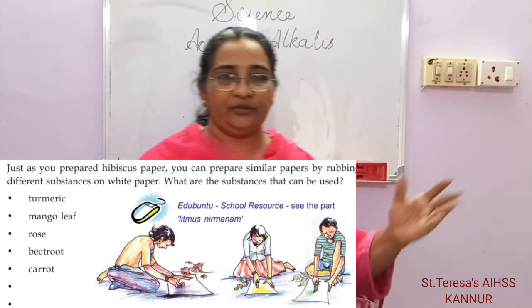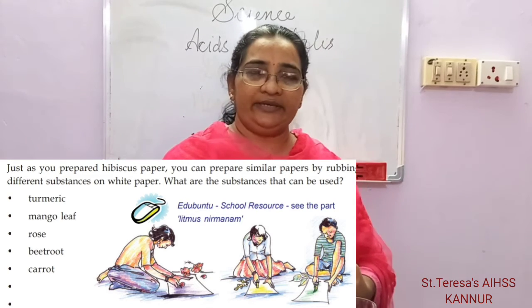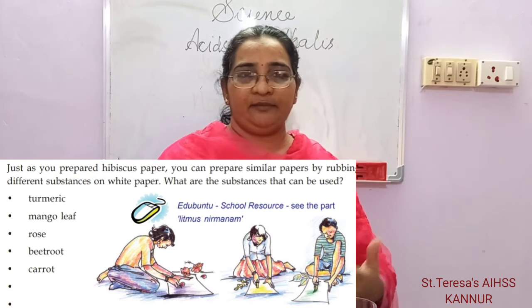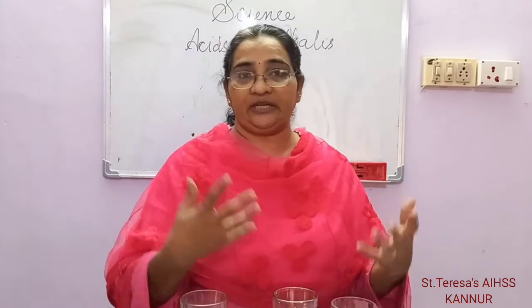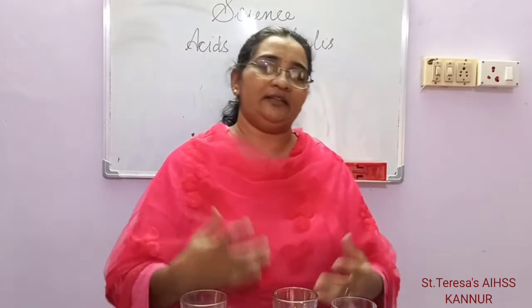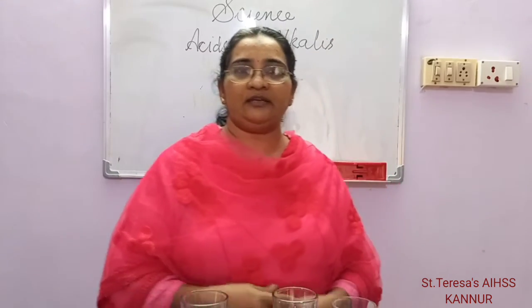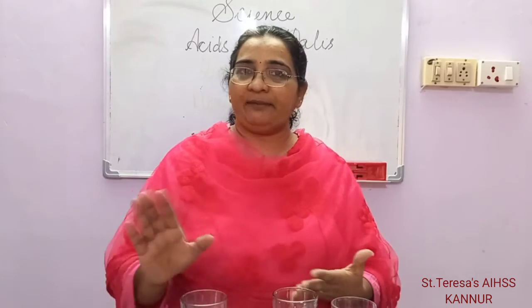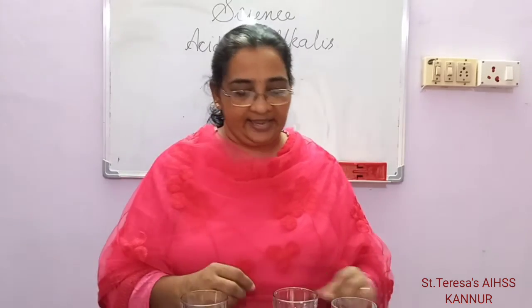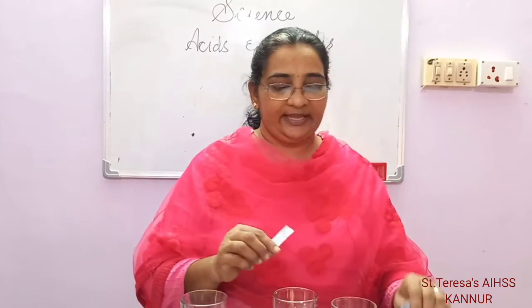What are we to do? Look at these. Turmeric, mango leaf, rose, carrot, beetroot. Like that, turmeric powder or red chili powder, any other thing which you feel you can make a paper from. Take it, rub it on white paper, dry it in the sun, and make indicators like this and keep it with you. Okay, these are indicators.